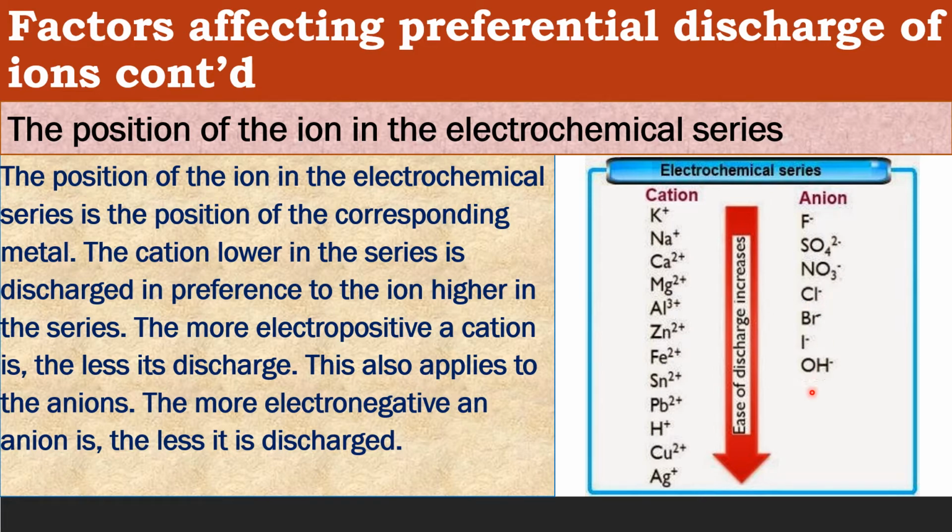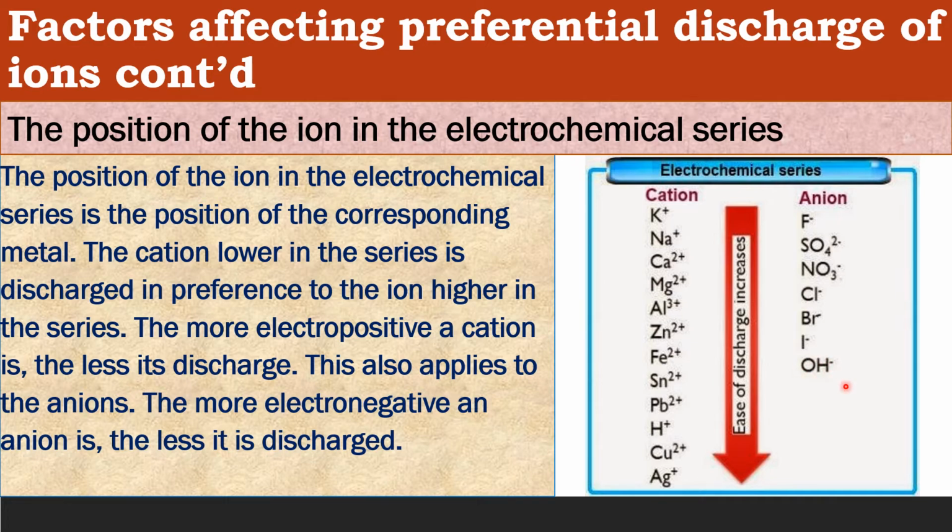and OH-, that's hydroxyl ion, are the anions in the electrolysis. And of course, the 2 of them will migrate to the positive electrode, which is the anode. But the one that is lower in the series than the other will be the one that will be discharged. So between Cl- and OH-, which one do you think will be discharged?